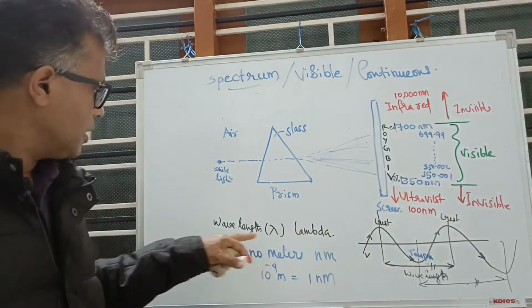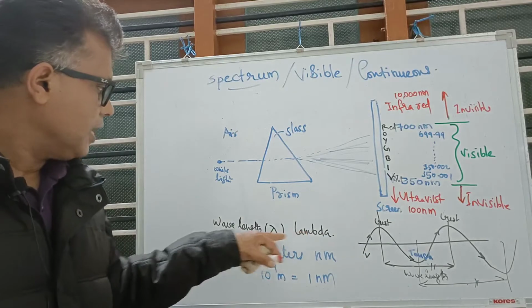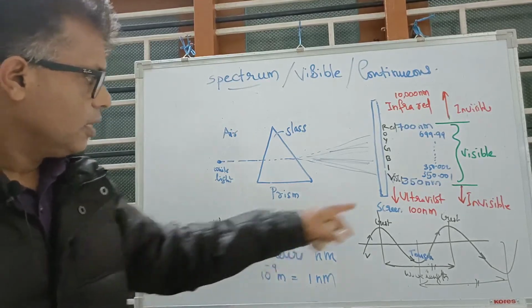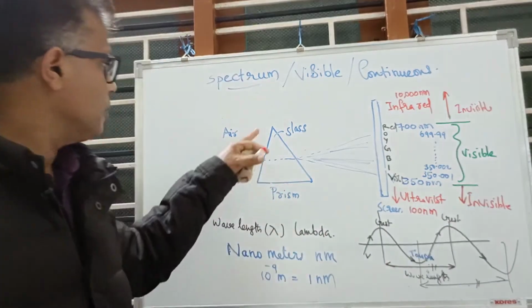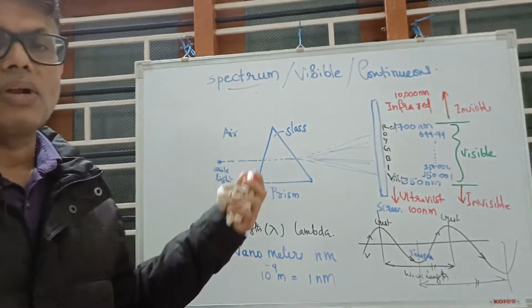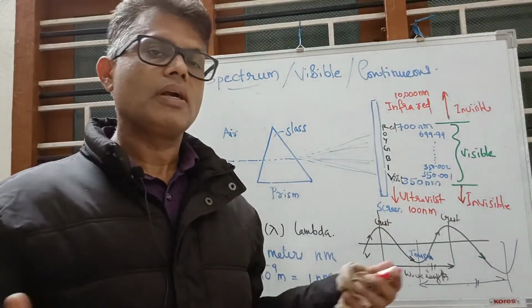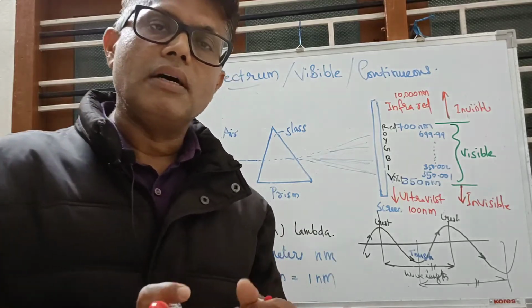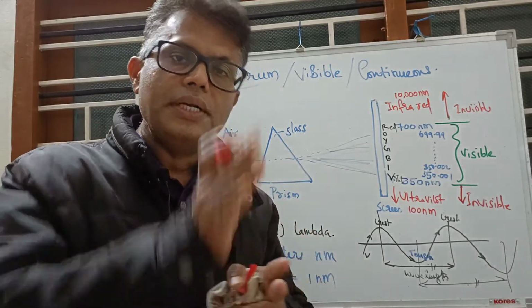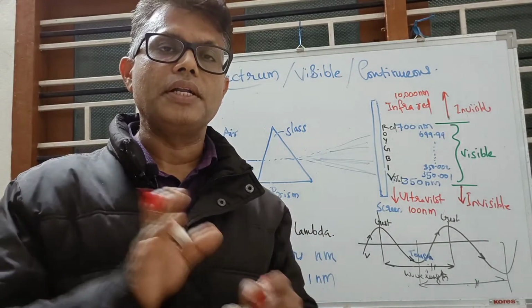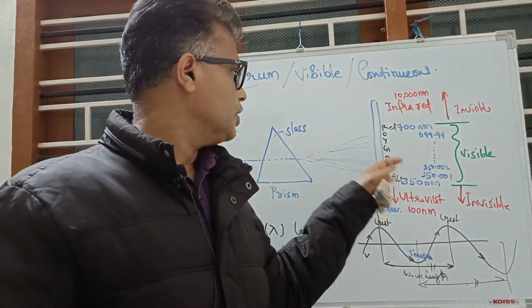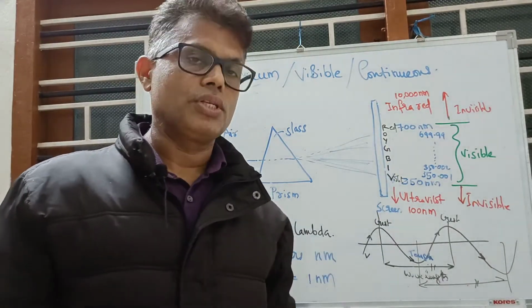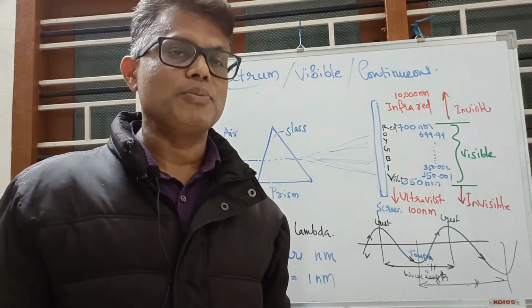Again, we have learned what a wavelength, lambda, is, how it is measured, and how the prism works, glass or water, whatever it is, from one medium to another medium, the white light is going to divide into its own continuous colors like violet, indigo, blue, green, yellow, orange, VIBGYOR. Very easy to remember.